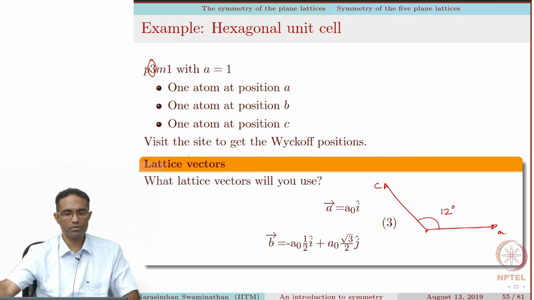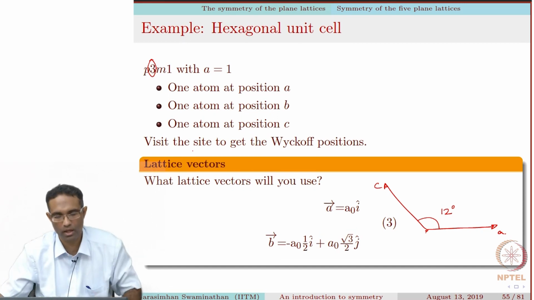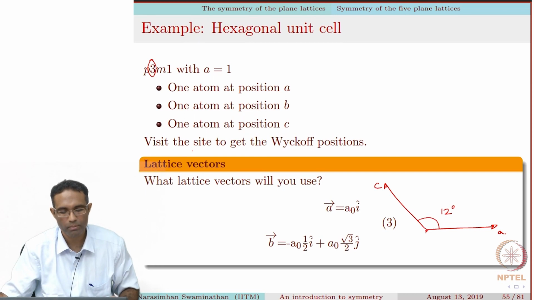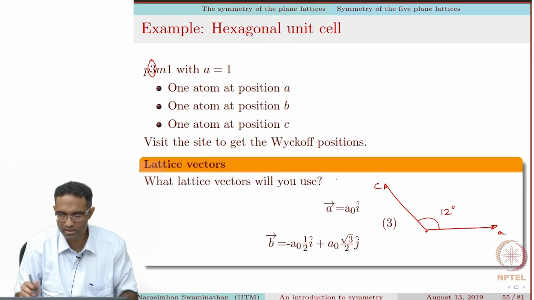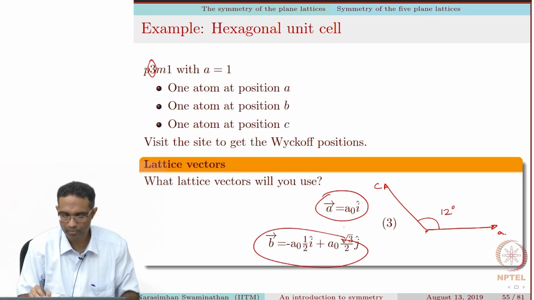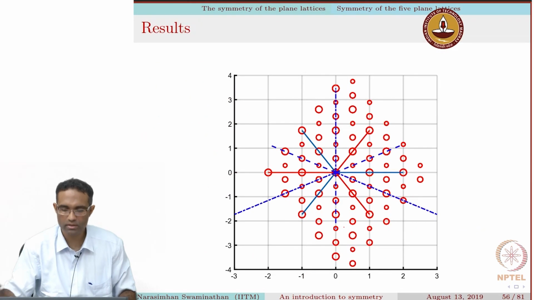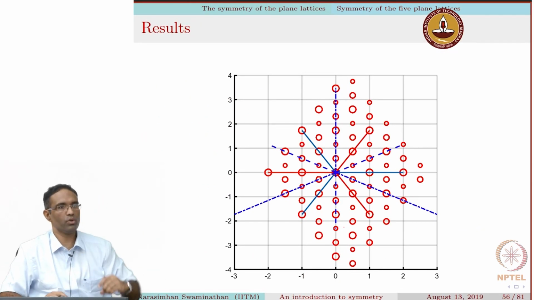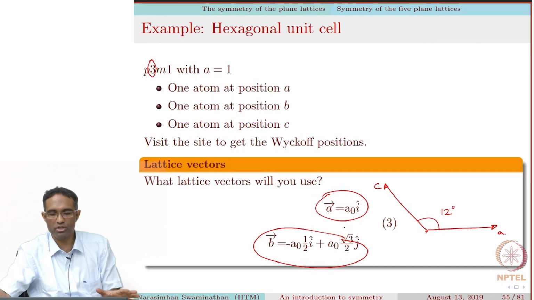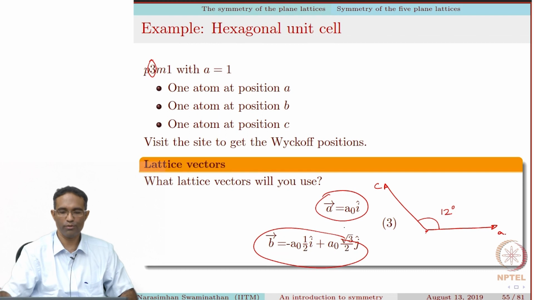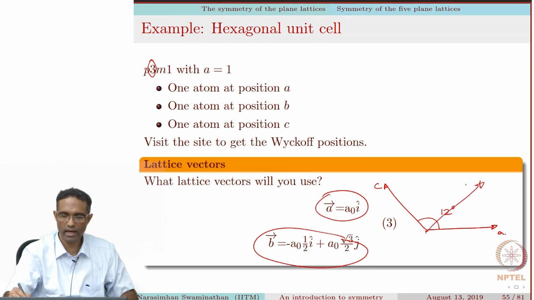We saw the following problem in last class, where we wanted to generate a plane group with P3M1 as its space group. We clearly saw that if you chose these set of lattice vectors, you are able to generate the two-dimensional lattice in such a way that it has the threefold symmetry, and we demonstrated that that would not be the case if you chose lattice vectors that had 60 degrees between them.